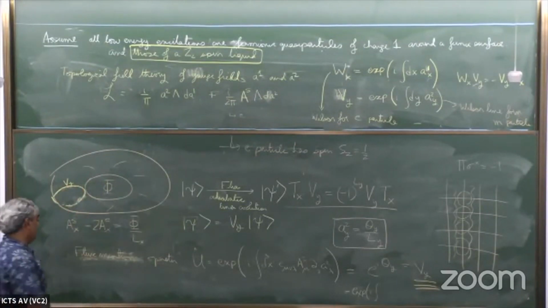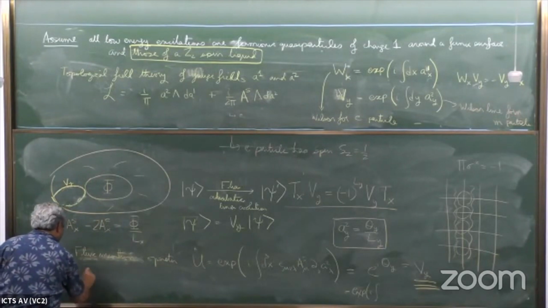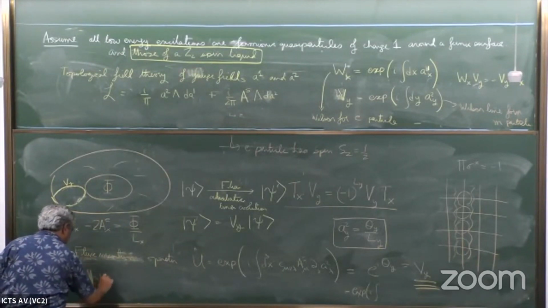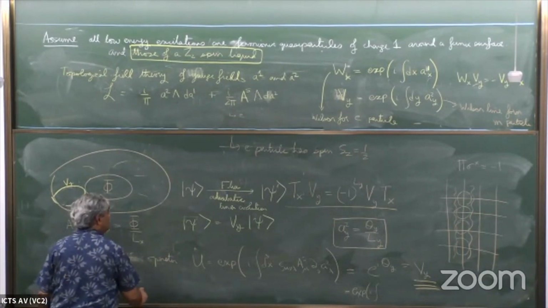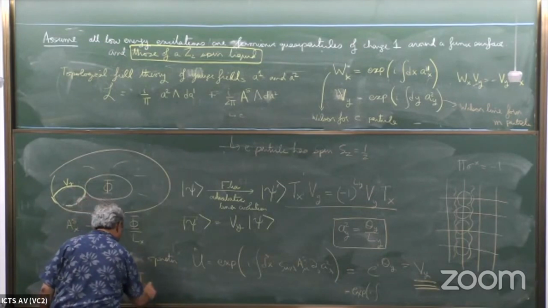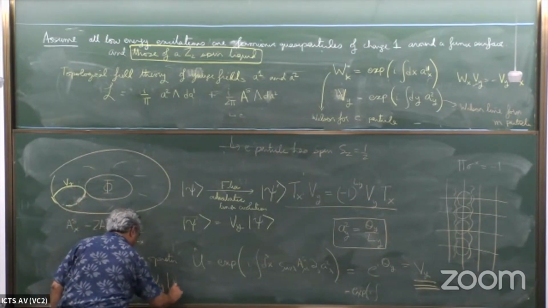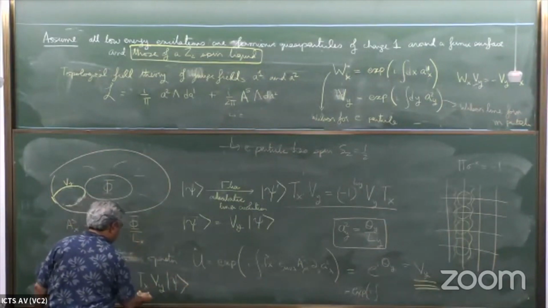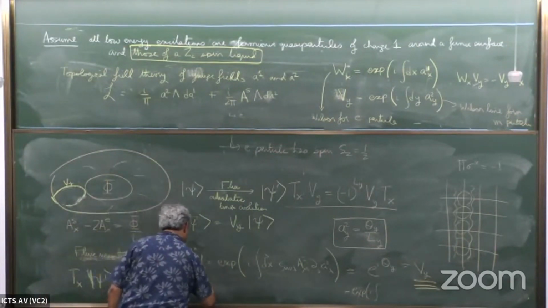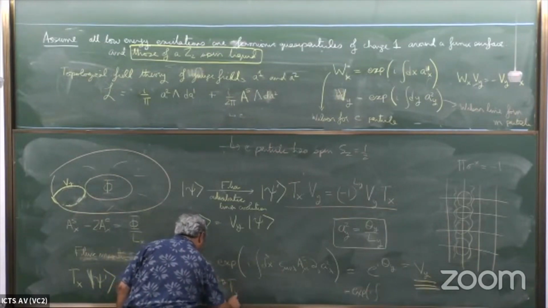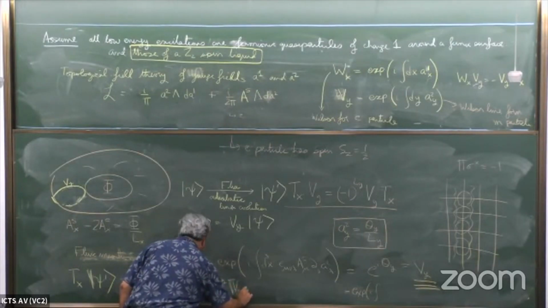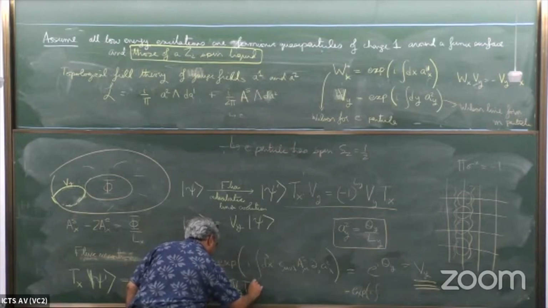So now you want to evaluate the momentum of this psi prime. That's going to be Tx times Vy times psi. And now I use the commutation relation, which gives me (-1) to the Ly times Vy times Tx acting on psi.